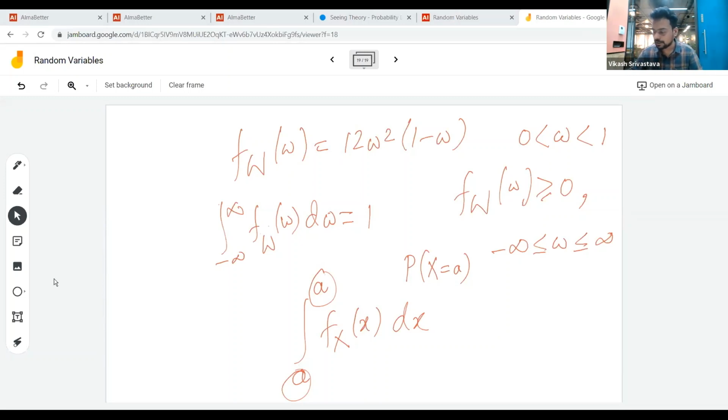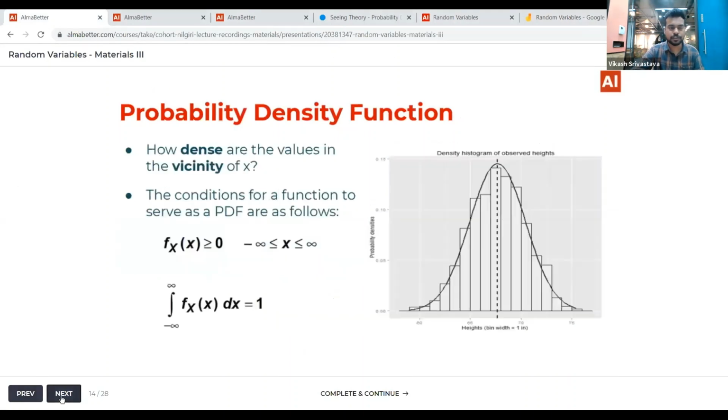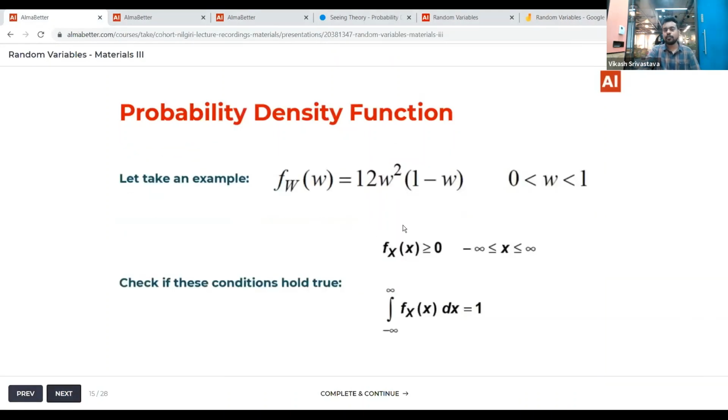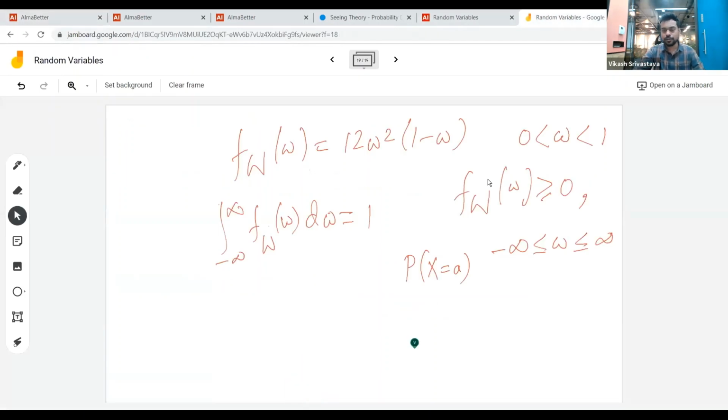So let's delete this, and for this particular example, let's check if this is a PDF. What do we need to check? If this is an example of a probability density function, firstly we need to check that this function is greater than or equal to 0 for all the w's between minus infinity and infinity. If w is any real number, will this function be greater than or equal to 0? Here this function has been defined for 0 to 1, and apart from this it has not been defined.